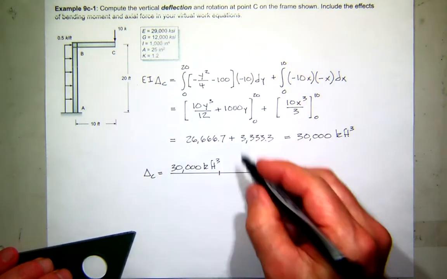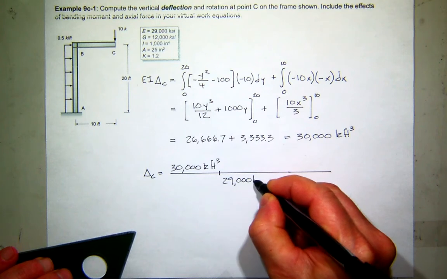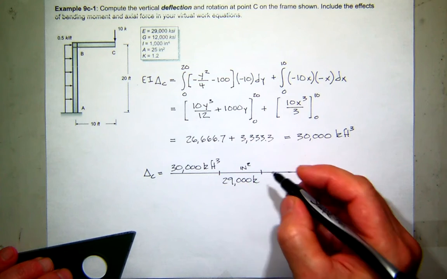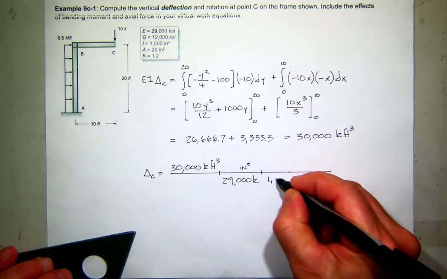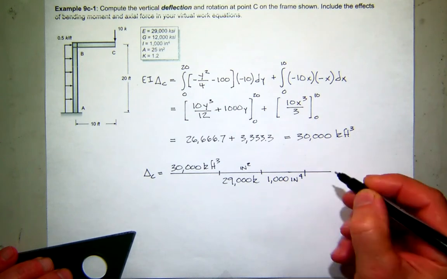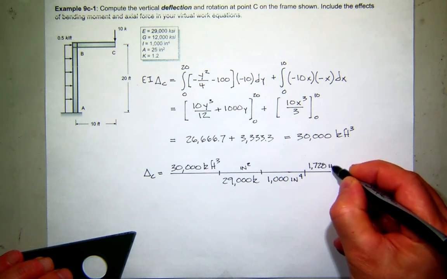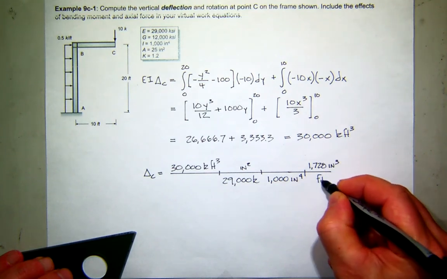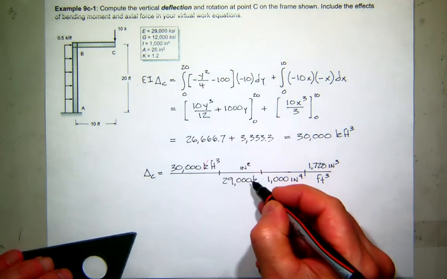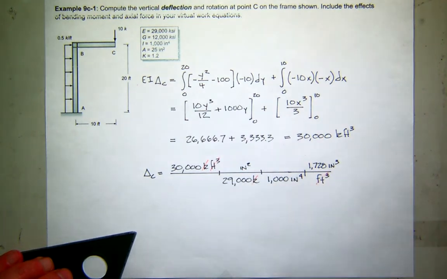So 29,000 is steel. So 29,000 kips per inch squared. The I value is 1,000 inches to the fourth. And then, of course, there's 1728 cubic inches in a cubic foot. So you can see my kips cancel, my cubic feet cancel. I've got inches to the fifth over inches to the fourth, which is inches.